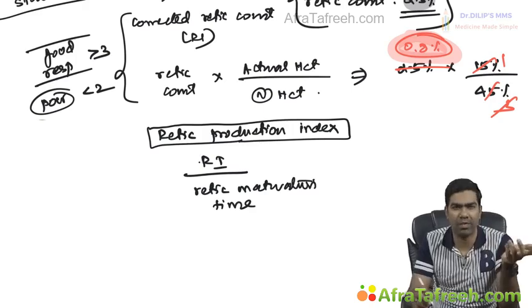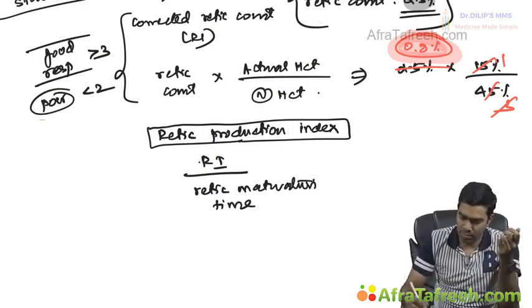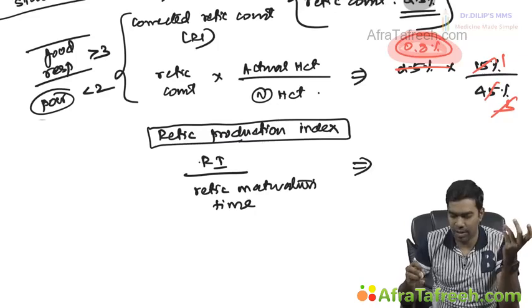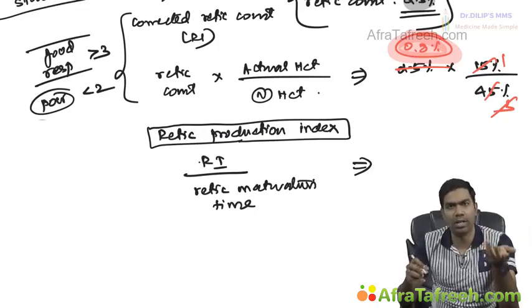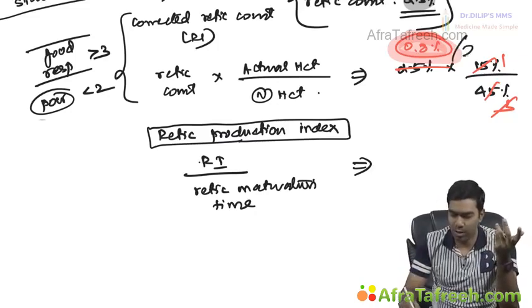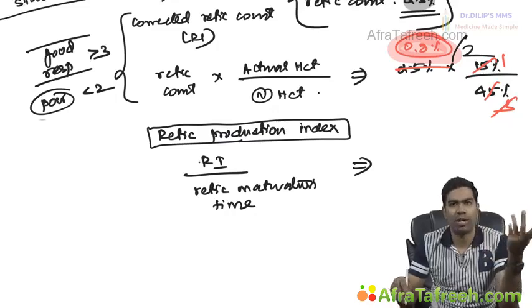It's approximately 1.5 to 2 days, isn't it? That's called the reticulocyte maturation time. So in the previous example, the reticulocyte production index is still low. If you take 0.8 divided by 2 for the reticulocyte maturation time, it is hardly 0.4%.